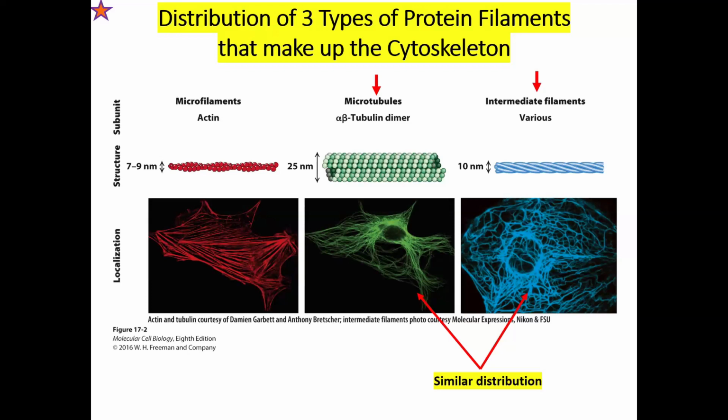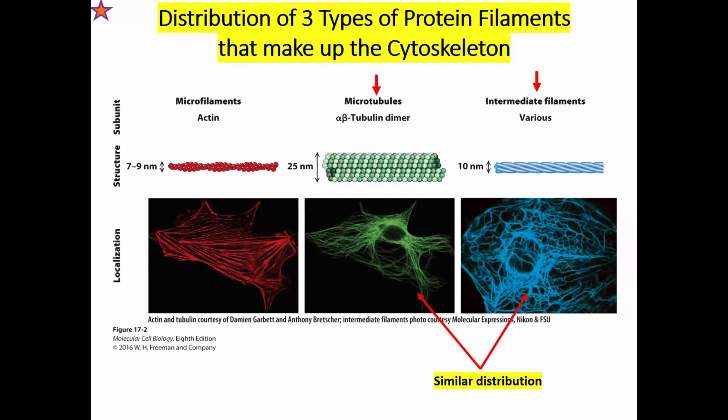So here is essentially a comparison. If you look at the structure, the actins run lengthwise in their distribution. On the other hand, if you look at the microtubules and the intermediate filaments, what we mean by similar distribution is this: this is the nucleus, the empty part. Both the intermediate filaments and the microtubules radiate outward from the central part of the cell.